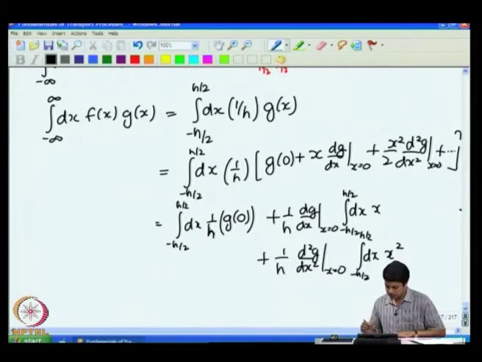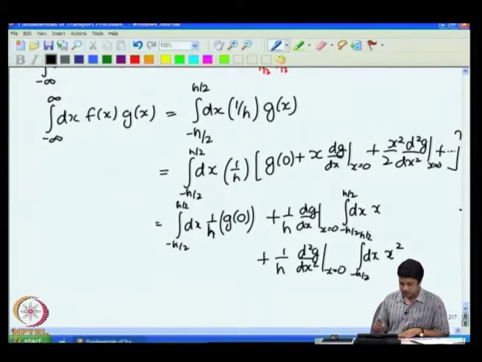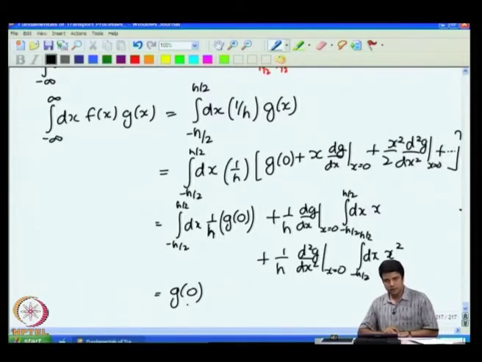So, this first term is just an integral of a constant. So, integral from minus h by 2 to plus h by 2 dx 1 over h, this is just equal to g of 0. The second term, I have an integral of x times dx. So, that is going to go as h square when I integrate it from minus h by 2 to plus h by 2.